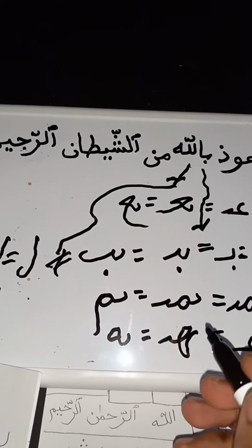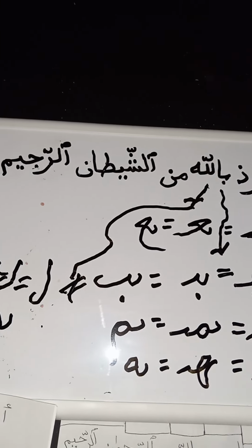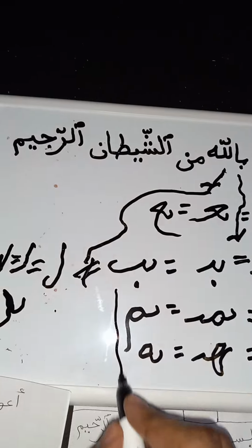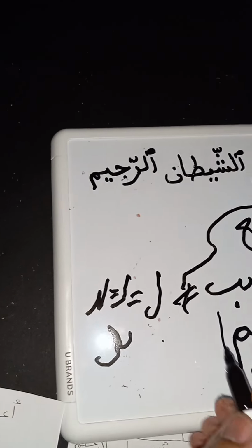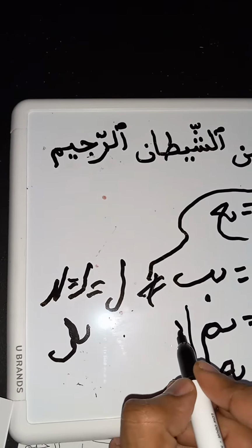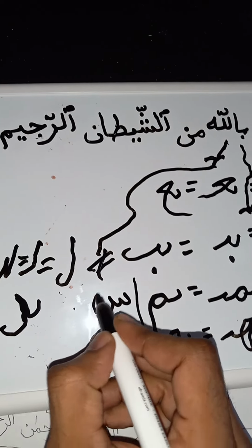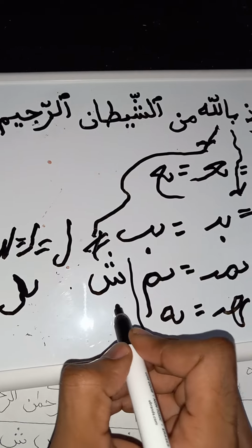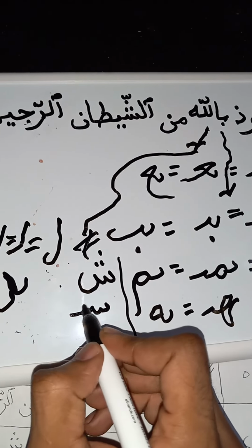But now we have the lam. We talked about the lam. The next letter is the letter sheen. How does sheen look at the beginning of the word or on its own? Sheen looks like this. Sheen at the beginning of the word is going to look like that.